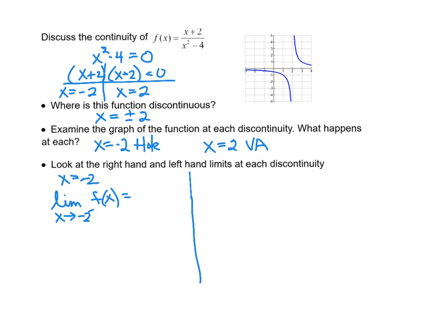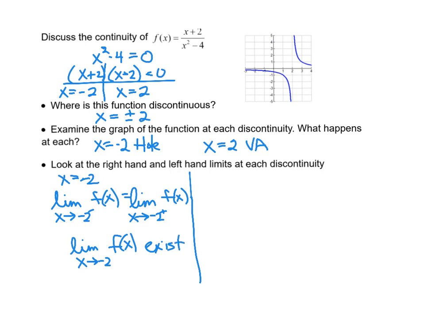But I do see that the limit as x approaches negative 2 from the left is going to be the same as the limit as x approaches negative 2 from the right. Again, in our next few lessons, we're going to see how to calculate what that limit is. So for today, I just want to take a look at this and say, oh, those two limits do match. So what that tells me is that the limit as x approaches negative 2 of this function does exist.